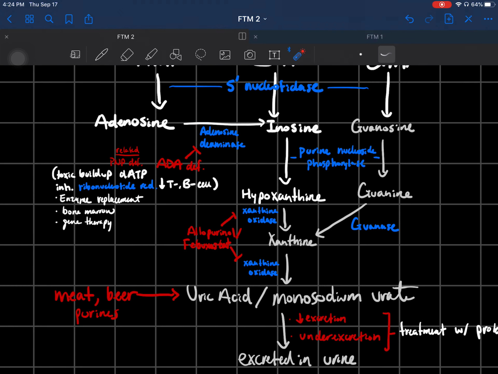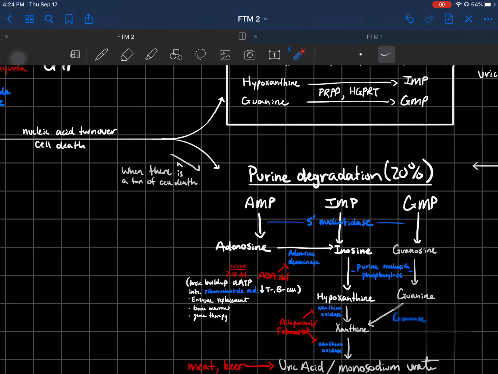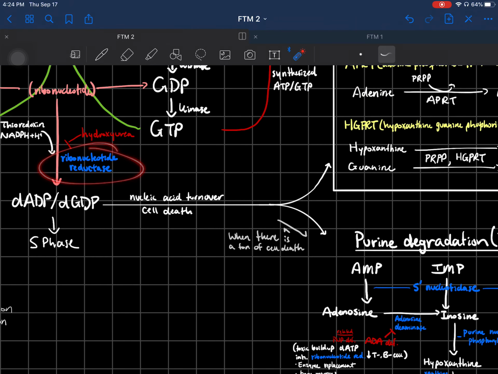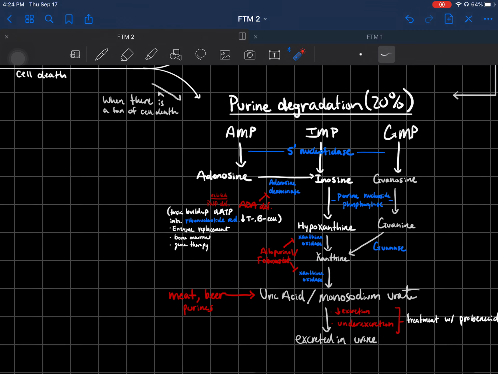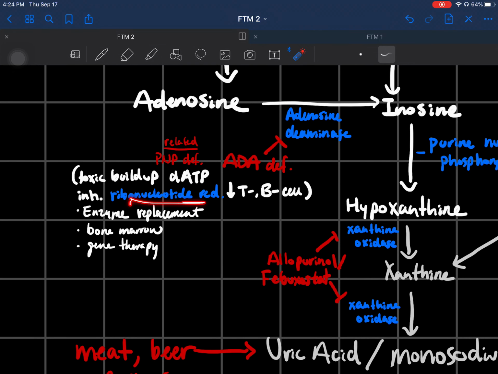And as a result, that's going to inhibit your ribonucleotide reductase. If you remember, ribonucleotide reductase is the thing that actually makes those deoxyribonucleotides, right? So you're going to inhibit that enzyme, and that's going to lead to decreased amounts of your T and B cells, which is going to be an immunodeficiency, right?